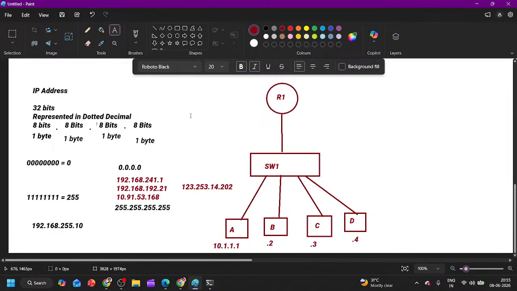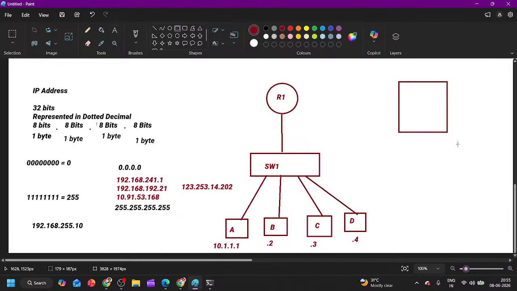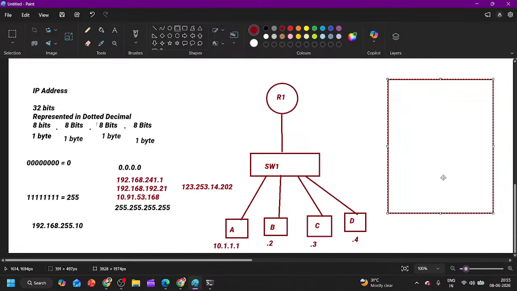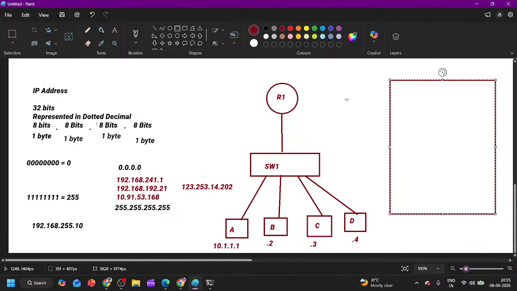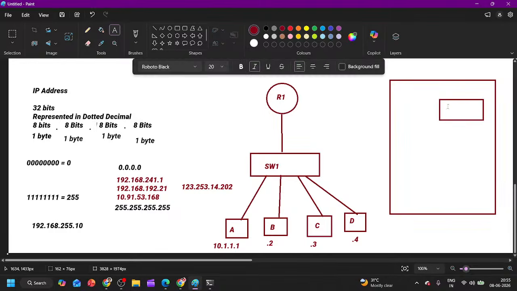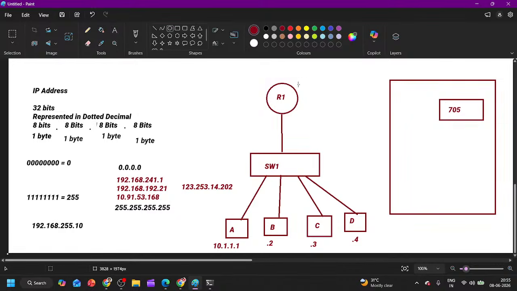It is similar to, let's suppose, I am living inside this building. My flat number is, let's say, 705. There are lots of floors and lots of buildings inside the same campus. The guard sitting over here 24/7 doesn't know my name, my brother's name, or my sister's name.